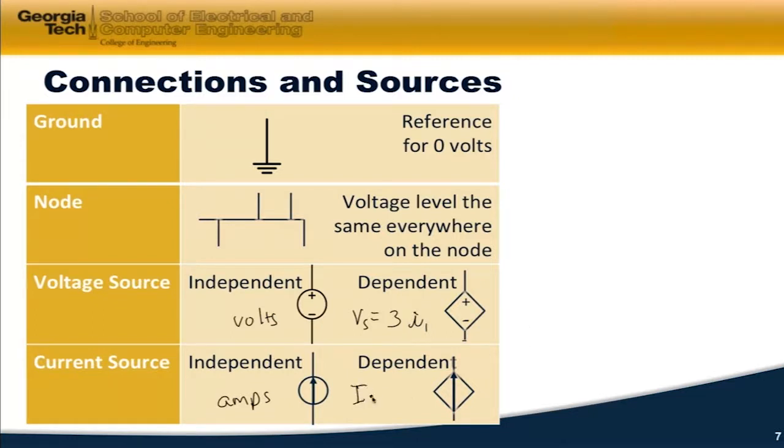Or I might have a dependent current source, which might be dependent on a current in one of my branches, might be dependent on a voltage at one of my nodes. So these two are dependent on something else that's happening in the circuit. This right here is independent of what's going on in the circuit. Now, all voltage sources have the units of volts, and all current sources have the unit of amps.